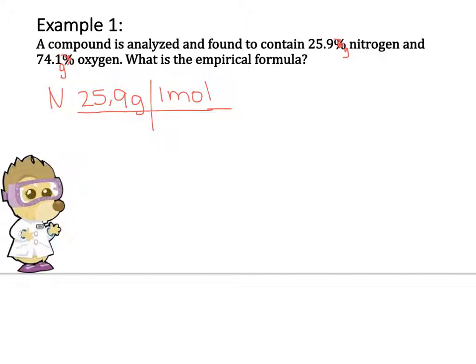Look on your periodic table, find nitrogen, and you will see the atomic mass is 14.01 grams. When we cancel like terms and then divide across, we end up with 1.85 moles.